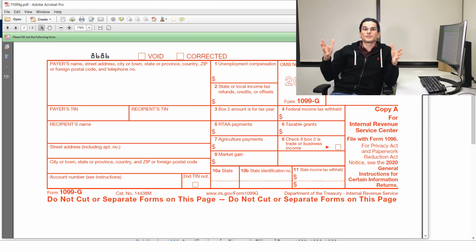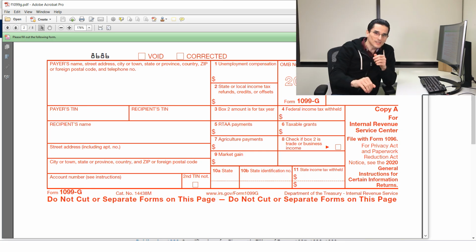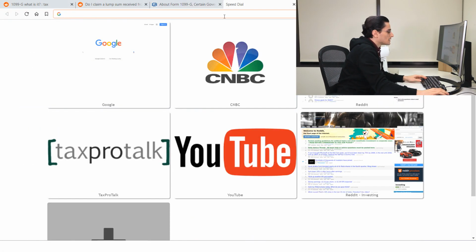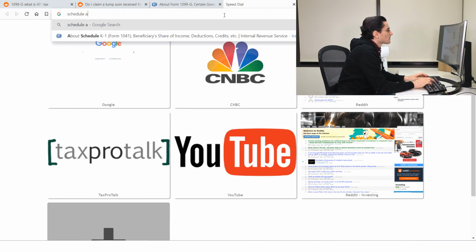So for federal tax purposes, when we're talking about the Form 1040, which is the tax return that individuals generally file in the United States, one of the deductions that's available on Schedule A is for state and local taxes. Now let's actually get some more context. Let's take a look at what Schedule A looks like so that we know what we're talking about here.